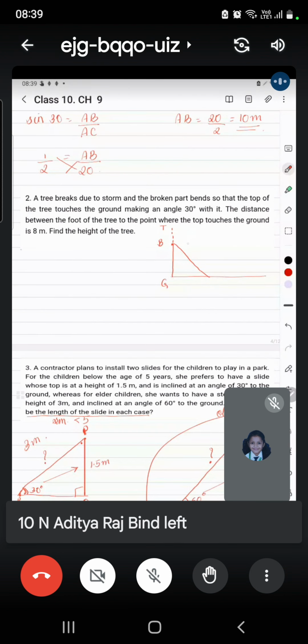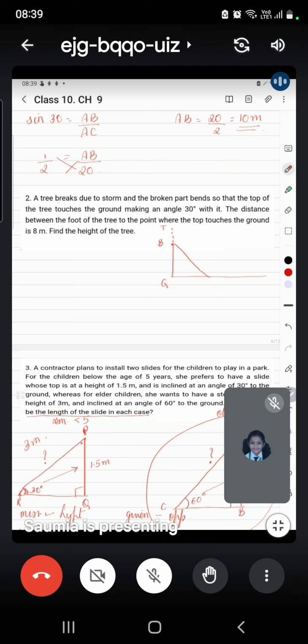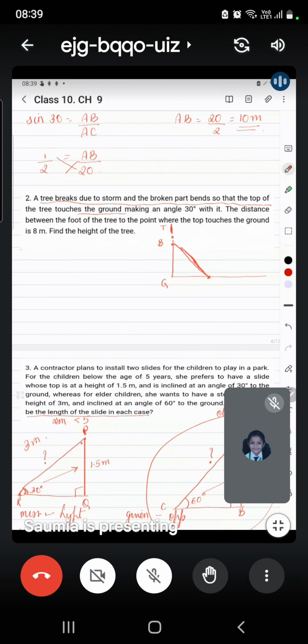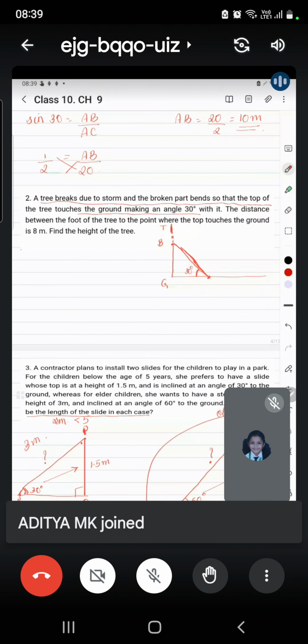Okay? Now, what is the question saying? A tree breaks due to the storm and the broken part bends. So this broken part, which was here earlier, has now bent down and it has touched the ground. So it touches the ground, making an angle 30 degrees. So wherever it touches, it makes a 30-degree angle.